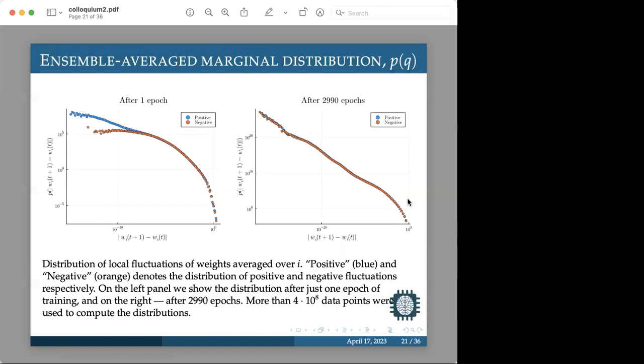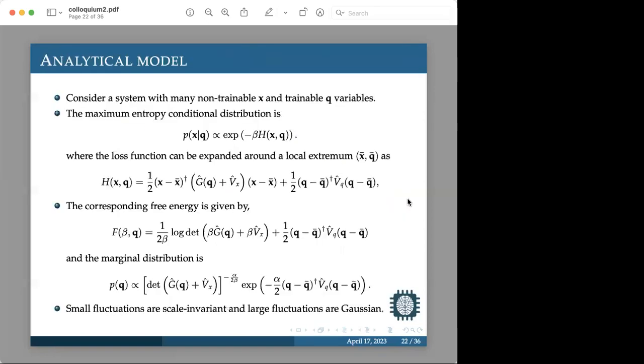And so if we are to have a physical system, a neural computer that does the same, it had better have this third component. So here are some analytical derivations showing why that happens. Basically, without going into details, the main point of why it happens in machine learning systems is that there is this quartic coupling, two powers of x, which are non-trainable variables, and two powers of q, which are trainable variables.